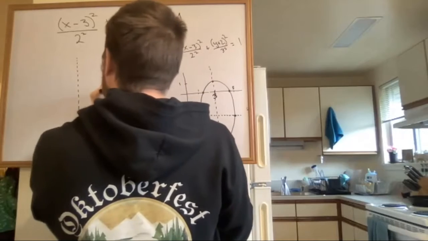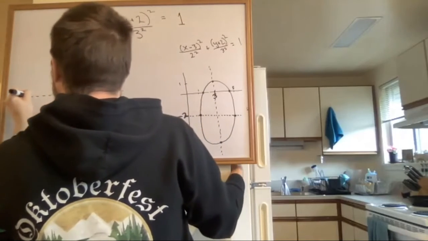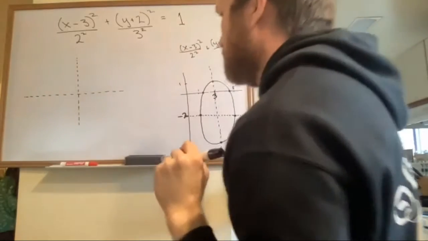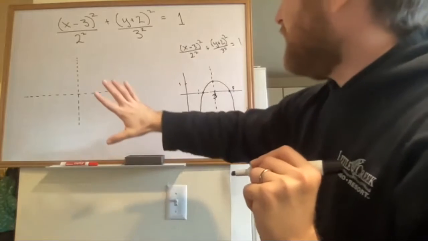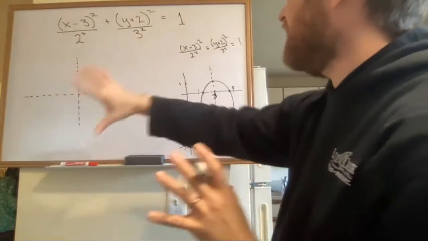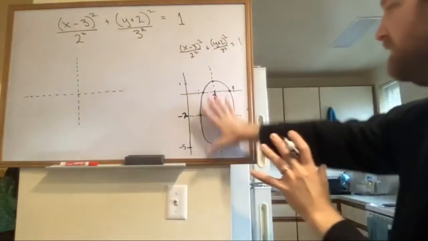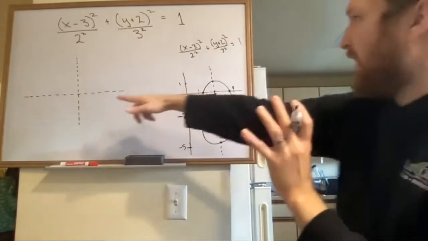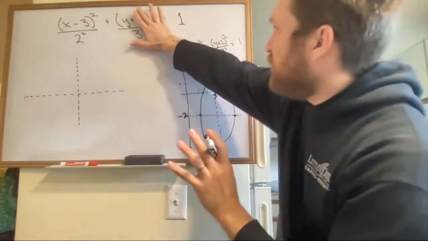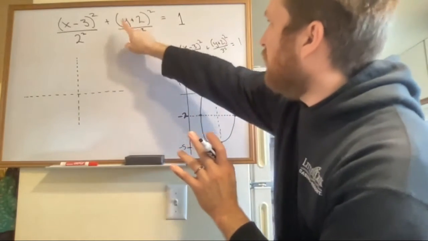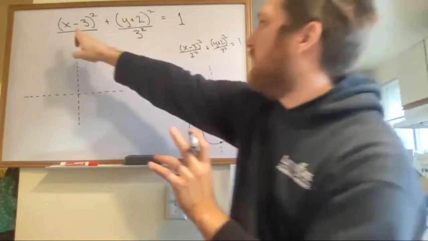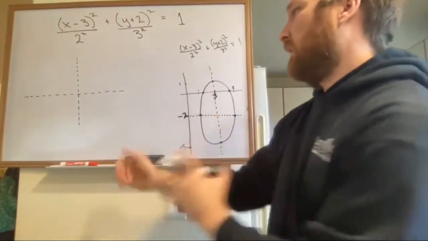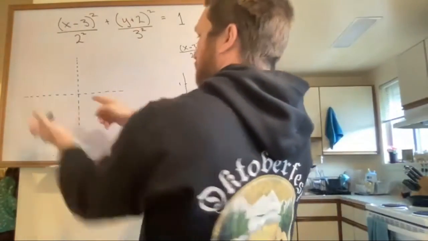I've drawn a fake axis, and we're going to pretend that this is before that thing got shifted. If we think about that without the shift, the y is over 3 squared and the x is over 2 squared. And so I'm just going to pretend that this is my 0.